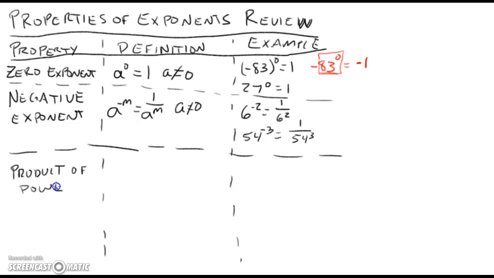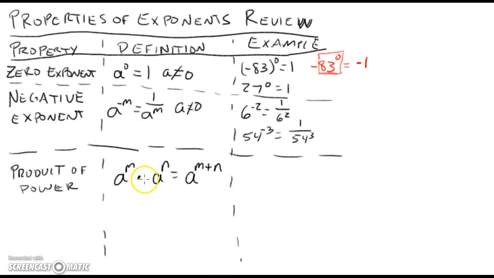What are powers? Powers are a base and an exponent together. So any base to some power times, that's the product, of the same base to a different power is the same thing as that base with the exponents being added.